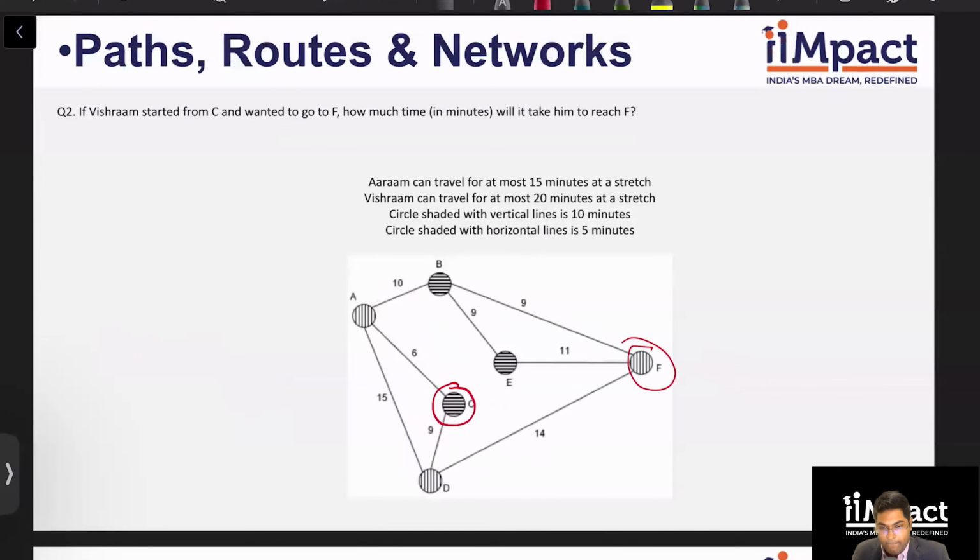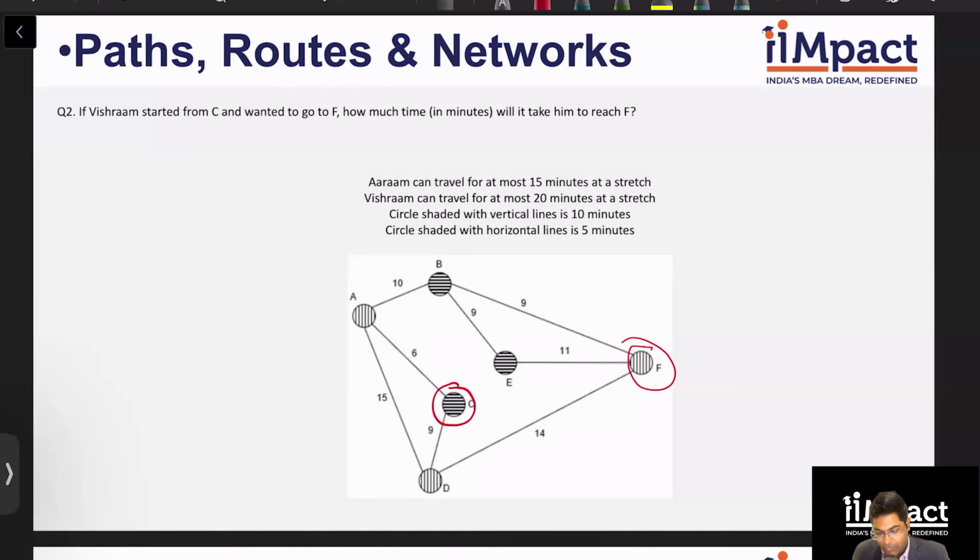We have been given Vishram specifically. If it were the same for both, it would not have mattered. But since Vishram has been given, that means there is a route where I have to look at a distance in terms of time which is more than 15, less than 20, where Vishram can take advantage of it.